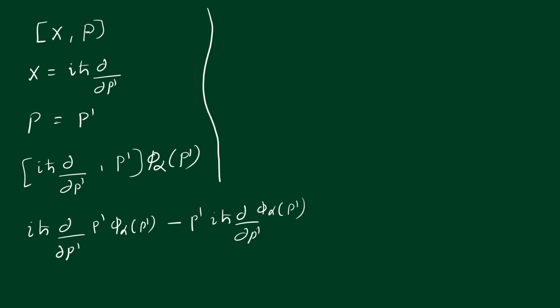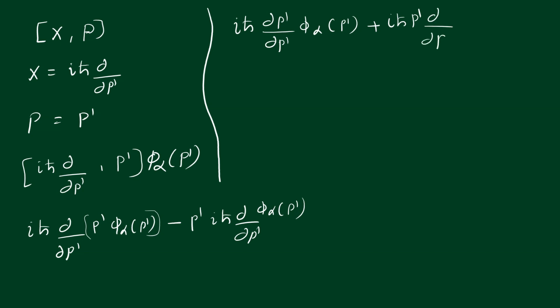Here we see that there's this derivative acting on p prime phi alpha of p prime, so we have to use the product rule, because this is acting on whatever follows. Applying the product rule, this is equal to iħ times the partial derivative of p prime with respect to p prime multiplied by phi alpha of p prime, plus iħ p prime multiplied by the partial derivative of phi alpha of p prime with respect to p prime.